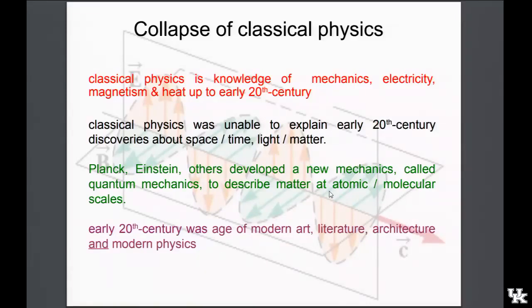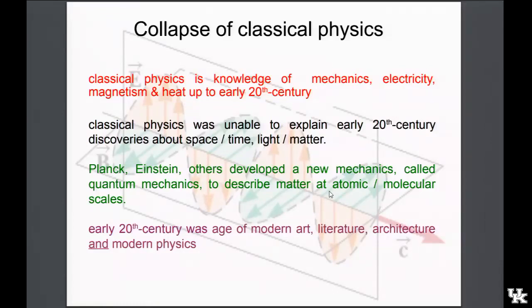That physics was not able to explain early discoveries in the early 20th century related to space and time, which is what we did last week, and light and matter, which we're doing this week and next week. So classical physics could not handle these topics and needed the introduction of relativity, needed the introduction of quantum mechanics.